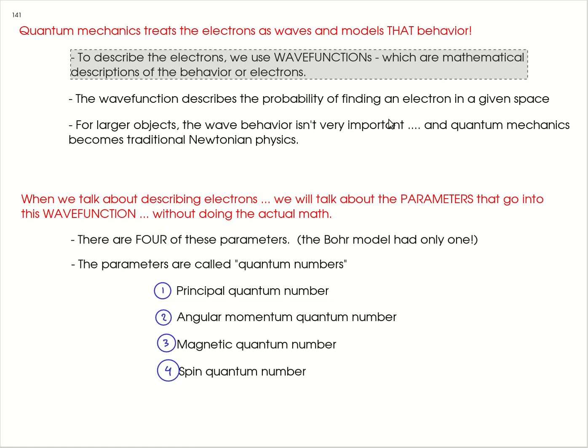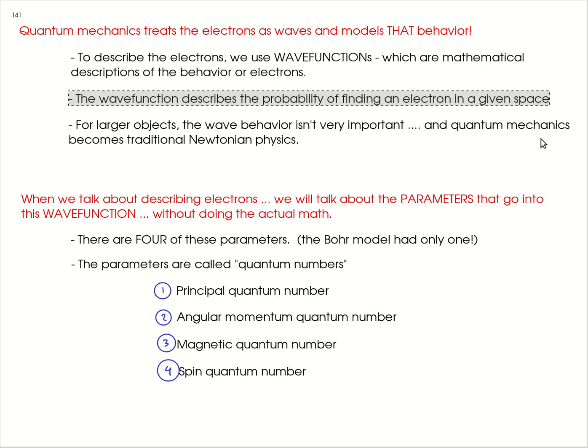Now, one thing that's a little different about quantum mechanics than traditional physics that you probably learned in high school or in a college freshman physics class is that we talk a lot in classical physics about the location of a particle, the direction it's going, its momentum, all that other stuff. And the wave function is essentially a probability distribution. So the wave function tells you how likely it is that you're going to find a particular particle, in our case an electron, in a given space.